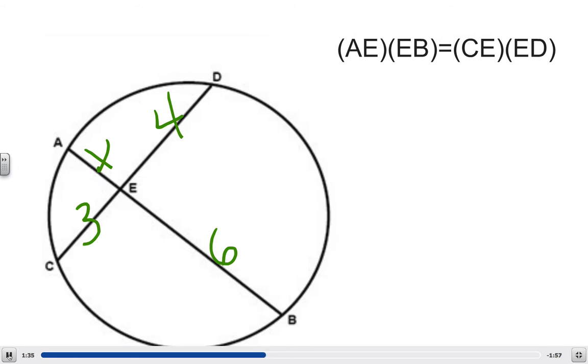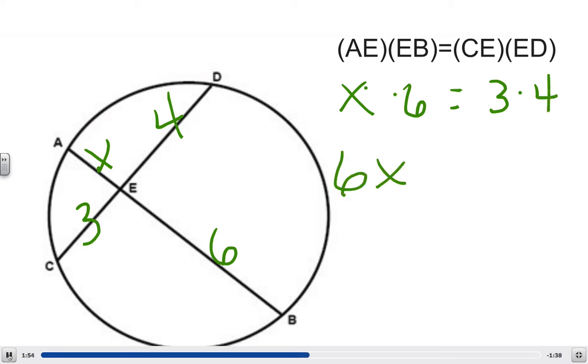Therefore, if we have, for example, a circle with these measurements on our chords, we can use that theorem and say that if AE is X, EB is 6, CE is 3, and ED is 4, we can say 6X is equal to 12, and therefore X is going to equal 2.